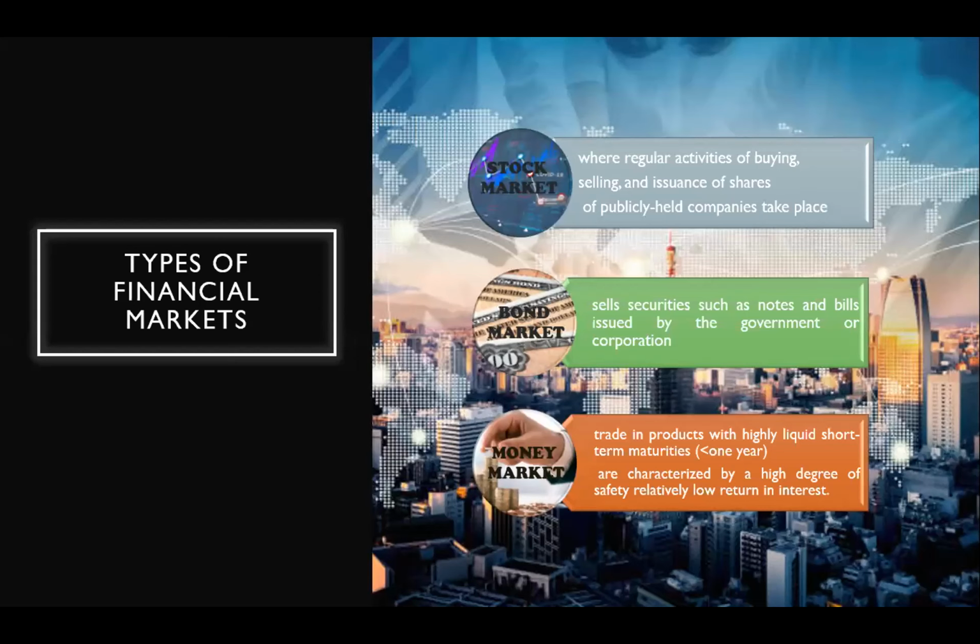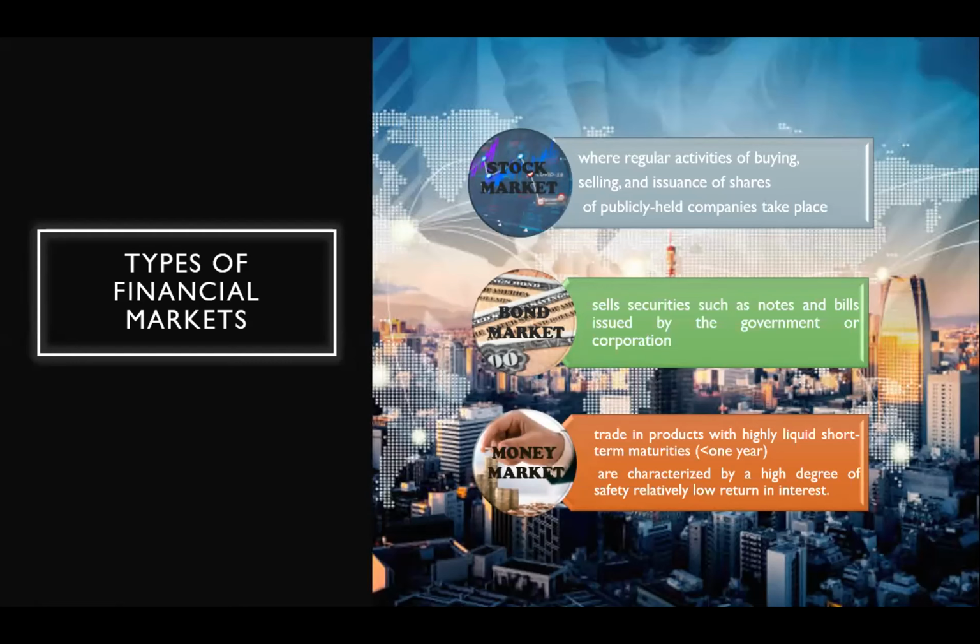To fully understand financial markets, let us identify the types of it. There are five types of financial markets, namely stock market, bond market, money market, derivatives market, and forex market. First, we have the stock market. A stock, by the way, is a type of investment that represents an ownership share in a company. When you purchase a company stock, you are purchasing a small piece of that company called a share.